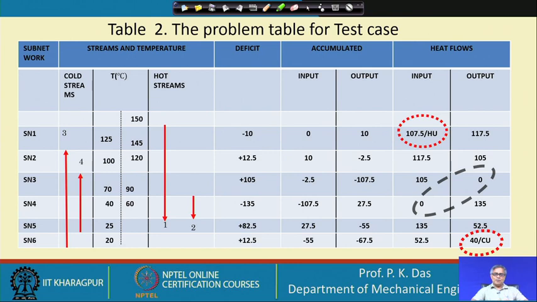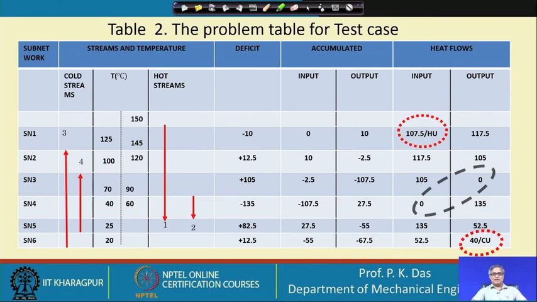Input is coming from a subnetwork at the top to the subnetwork at the bottom. And the subnetworks are different temperature ranges. That means input is the energy which is coming from a subnetwork of higher temperature to a subnetwork of lower temperature. Heat flows from higher temperature to lower temperature, and we can never make it negative.